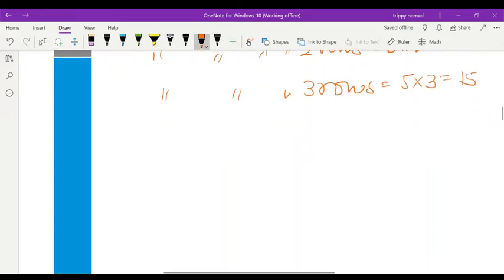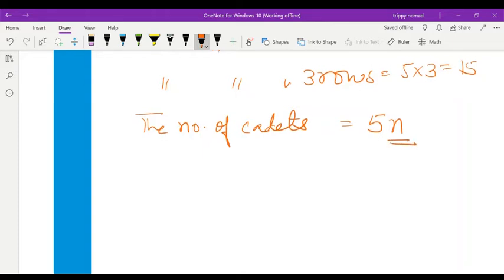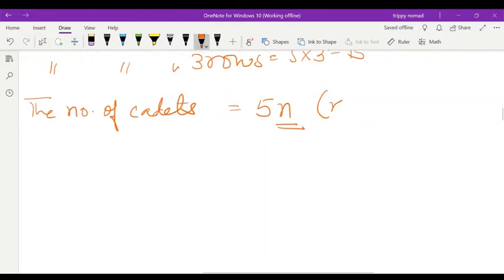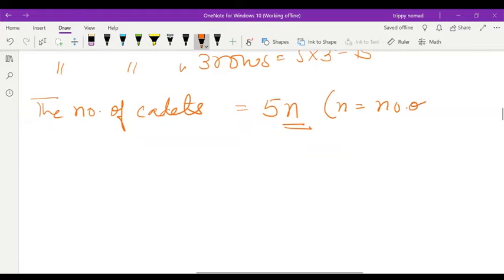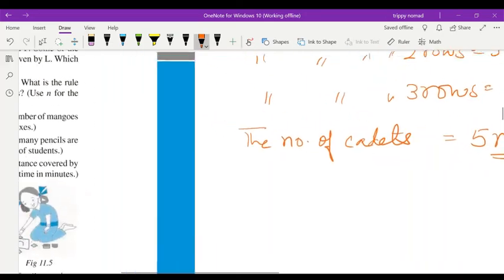So the rule will become 5n, where n is the number of rows. Here you will write n is equal to the number of rows.